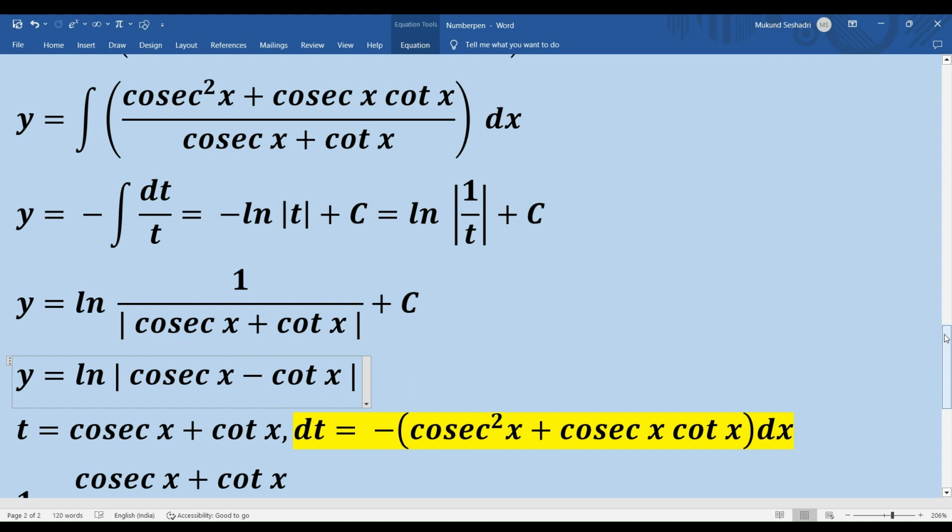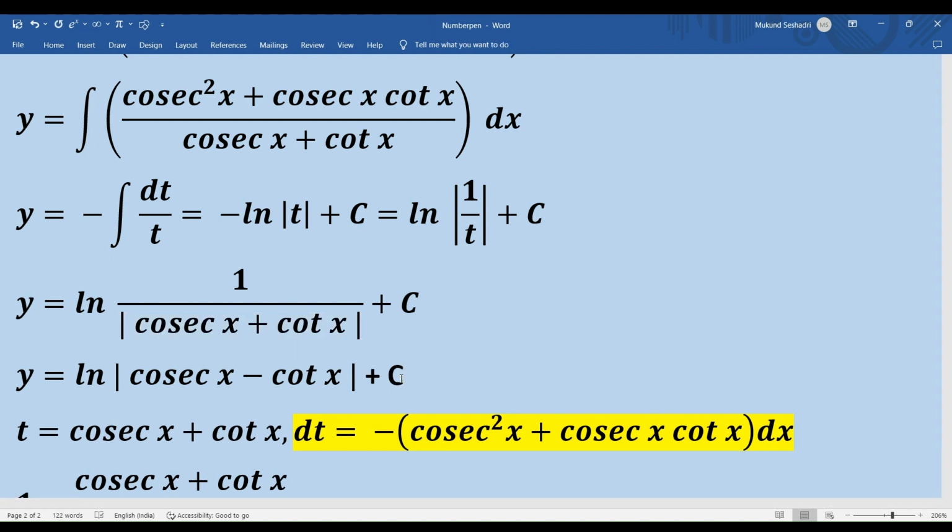So when I multiply and divide by a cosecant x minus cot x, what do I get? My denominator becomes 1 and my numerator becomes cosecant x minus cot x. So I get a mod of cosecant x minus cot x inside my ln expression, right? My answer to this problem is ln of mod of cosecant x minus cot x plus c, right?